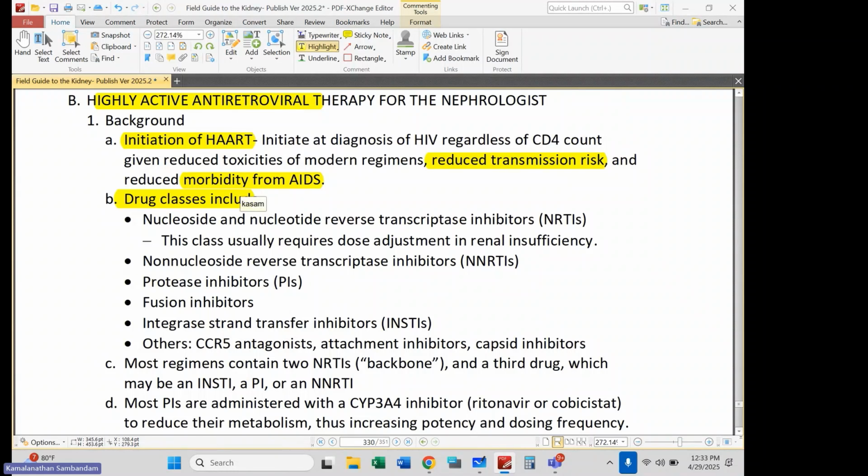There's a variety of drug classes to be aware of, and this continues to grow. The old nucleoside reverse transcriptase inhibitors and non-nucleoside reverse transcriptase inhibitors plus protease inhibitors, that was sort of the three-pronged approach for most patients, now has been expanded to include other angles of approach for inhibiting viral replication.